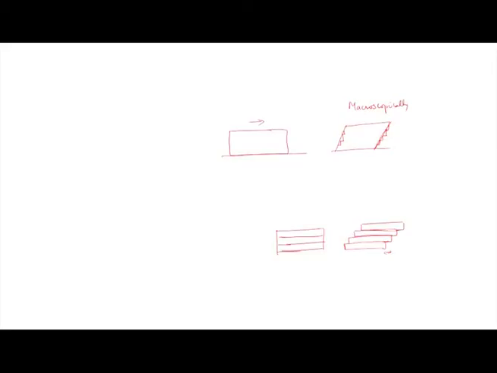Now, if I do not go up to the atomic scale and see macroscopically, I will just see one plane that initially was like this, and now it has deformed by an amount like this. So, this is the slip process for deformation.